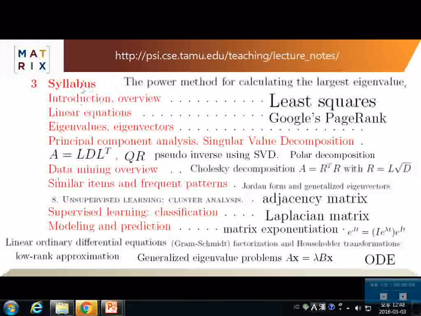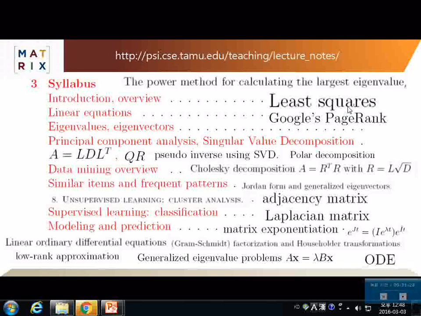And in order to do this, this is the mathematics you need. For linear systems of equations, you need to know how to find the least squares solution when there is no solution or too many solutions.